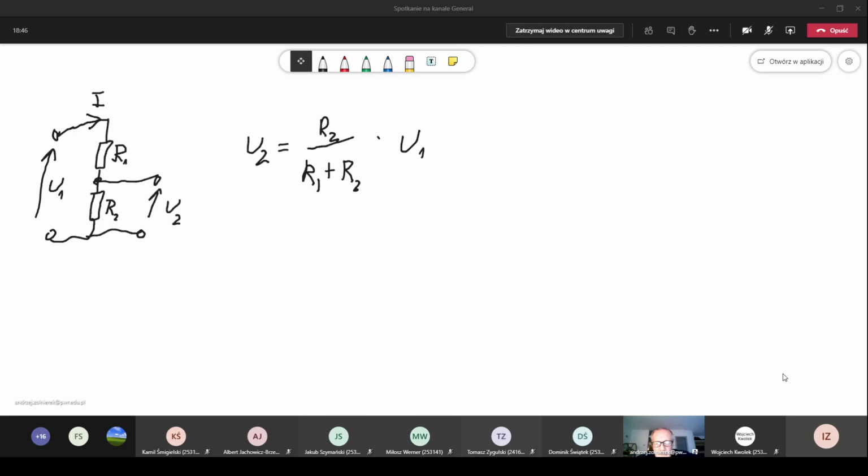But we do not build this voltage divider and next not connect anything to it.